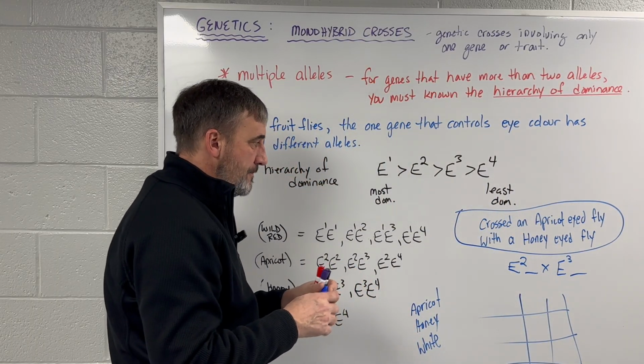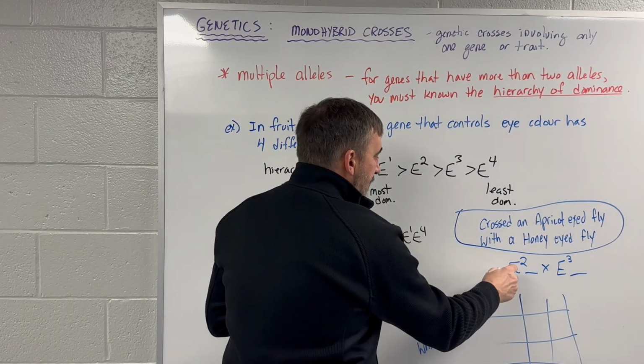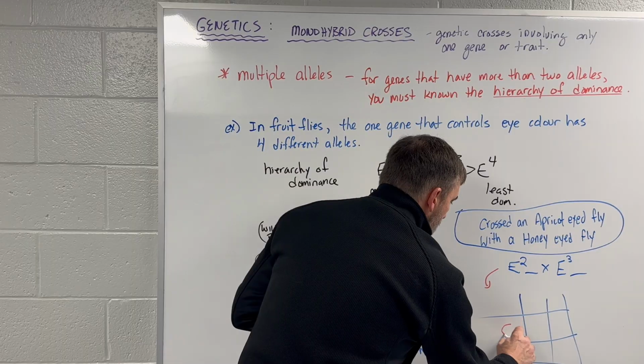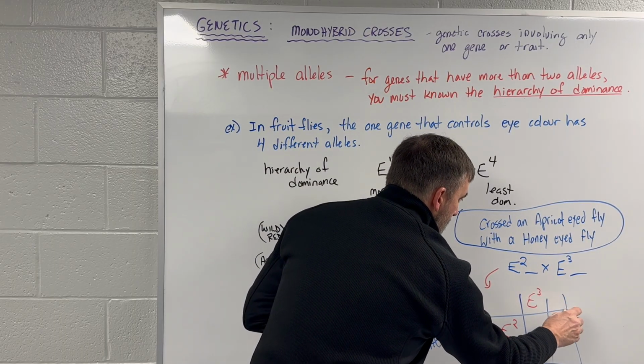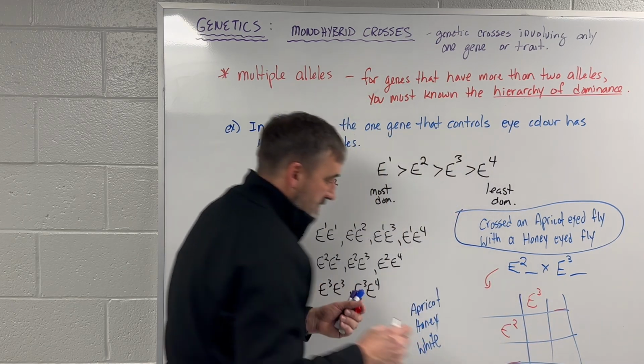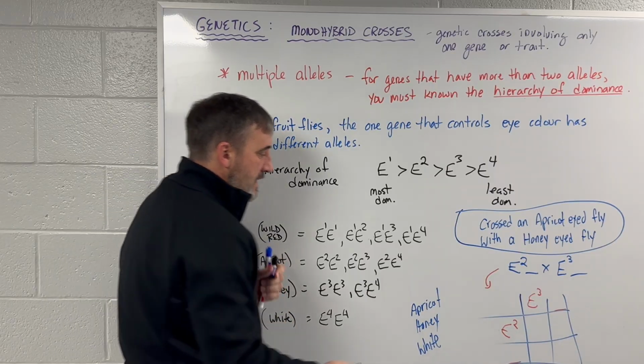So here's our Punnett square. We're going to put what we know from each parent in here. So E2, here is E3. We're not sure what the other one is. But the key to solving this is right here.